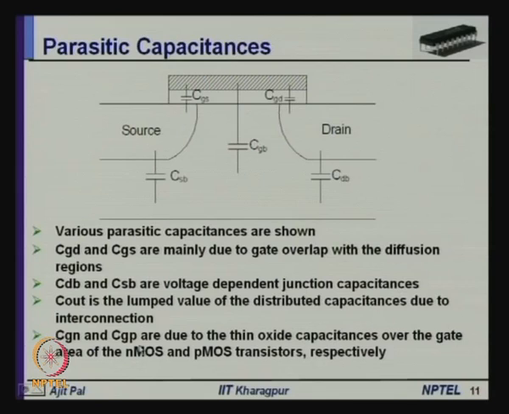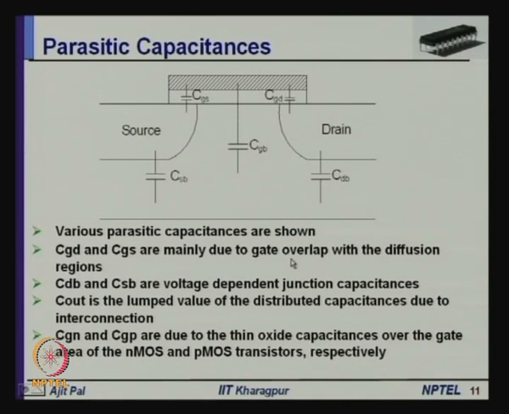Similarly, CGN and CGP are due to the thin oxide capacitances over the gate area. Here in the gate area this is your CGB, actually CGB is a generalized form of capacitance. In case of an NMOS transistor this will be CGP, because this substrate will be P type, and for a PMOS transistor this will be CGN, because it will be N type substrate. So, CGN and CGP are due to the thin oxide capacitance over the gate area of the NMOS and PMOS transistors respectively.